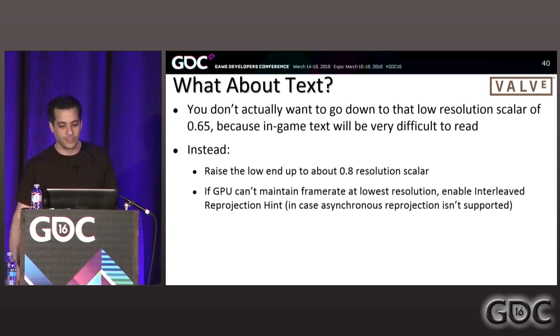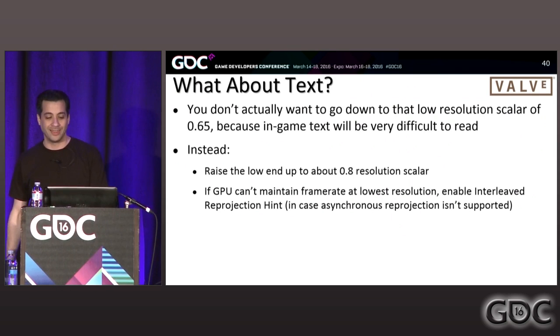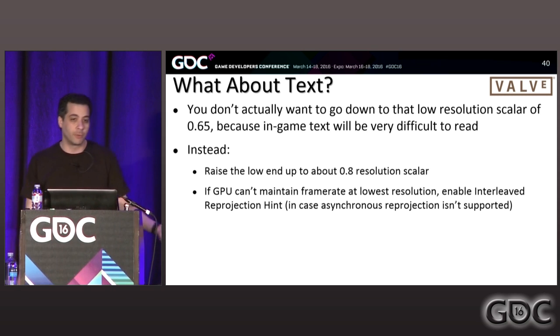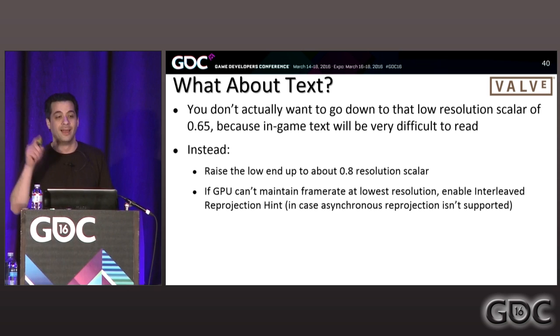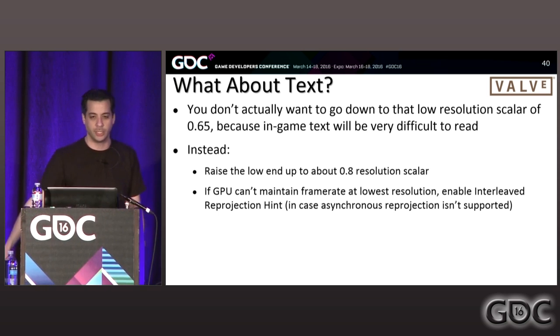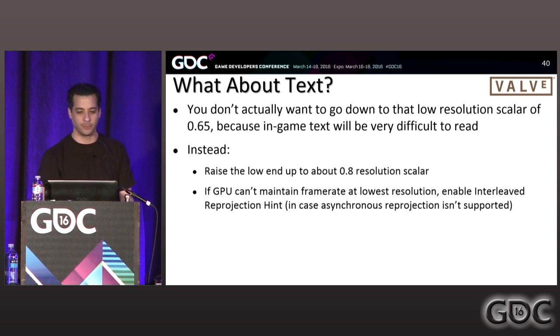And if your GPU can't maintain frame rate at 0.8 in each dimension, maybe with radial density masking or fixed foveated rendering, then you can enable the interleaved reprojection hint that we talked about. For systems or GPUs that don't support asynchronous reprojection, there's this other safety net where you can tell the VR system, I'm pretty sure I'm going to drop frames any second now, go into this interleaved reprojection mode because I'm not doing well, I'm at the bottom of the barrel.